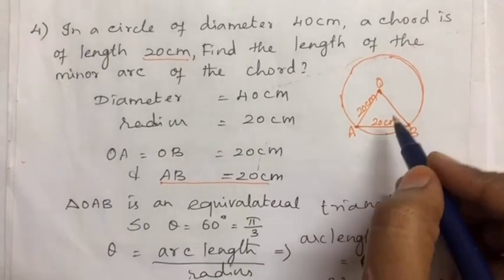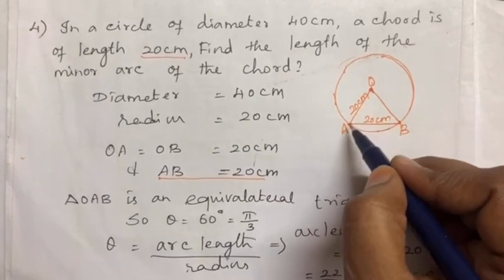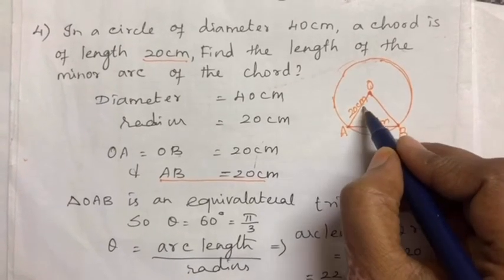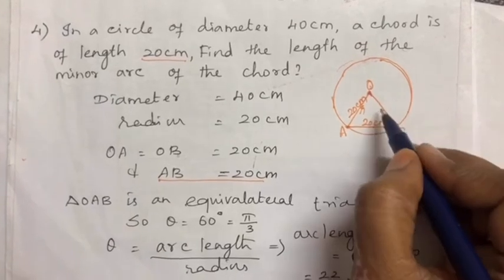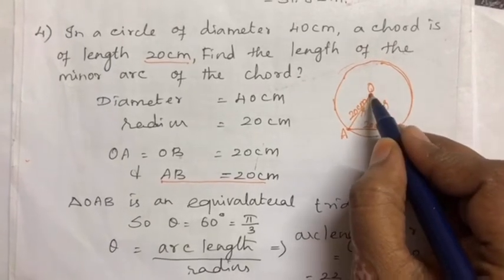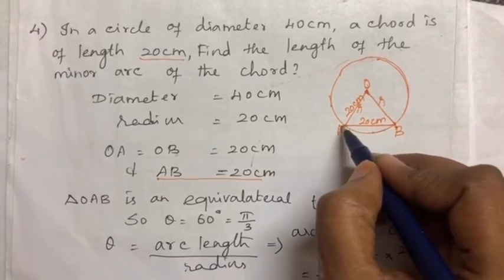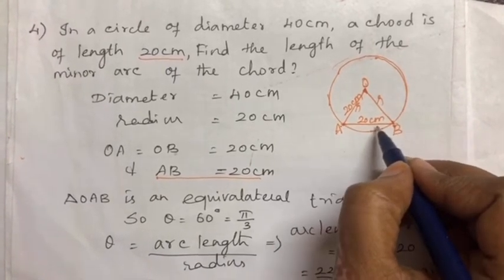The length of OA is 20 centimeter. What is OA? It is the radius. OB is also the radius, 20 centimeter, and the chord is also 20 centimeter.